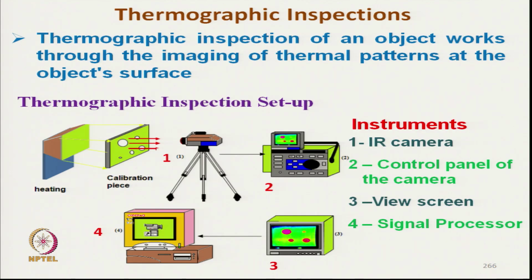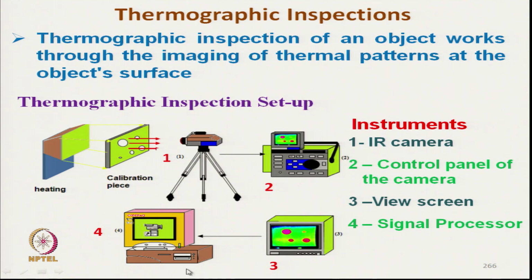Thermographic inspection, where this is the heater and from the other surface we get the image through a thermal imaging camera. This is the IR camera, and here is the viewing screen with signal processing.